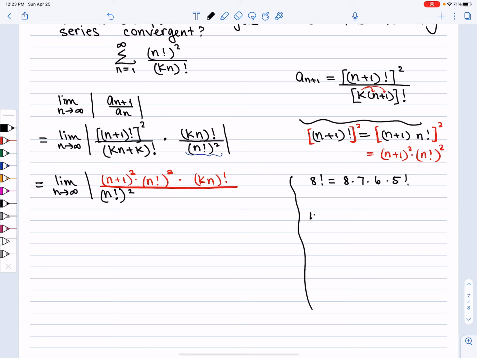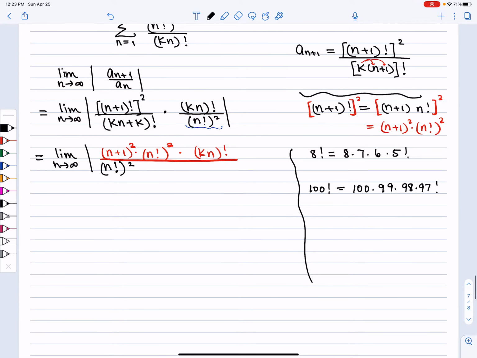Or if we have 100 factorial, you really have 100 times 99 times 98 times 97 factorial. And you can go as far back as you want. If you have, let's say, 17 factorial, you can also say that this is 17 times 16 times 15 factorial. And again, you can go as far back as you want.